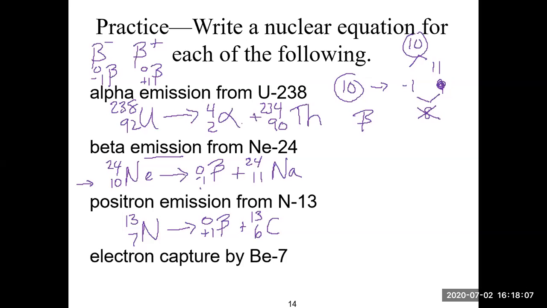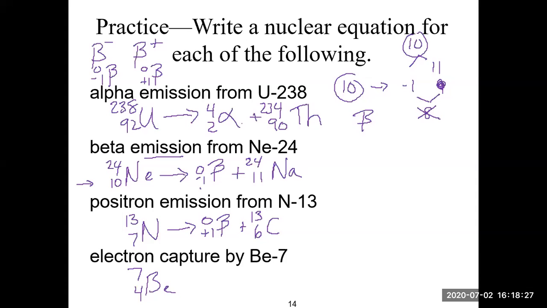Okay, so let's take a look at electron capture then. So electron capture, beryllium. You see what it says, right? It's Be. I think that's beryllium. So that's the mass number there, and the atomic number, which is 4.